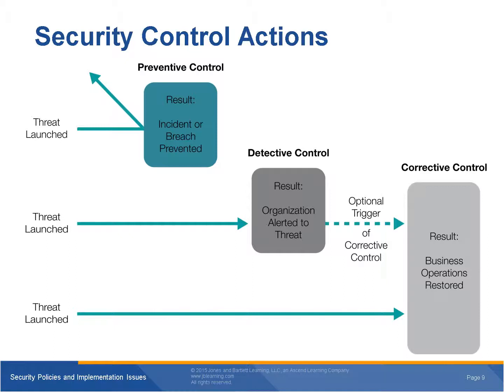And the second line is detection control. It tells the organization that a breach has taken place. So if a threat is launched against the organization, they are alerted to the threat. And then there's corrective control. That is, how quickly can the organization recover from the attack.